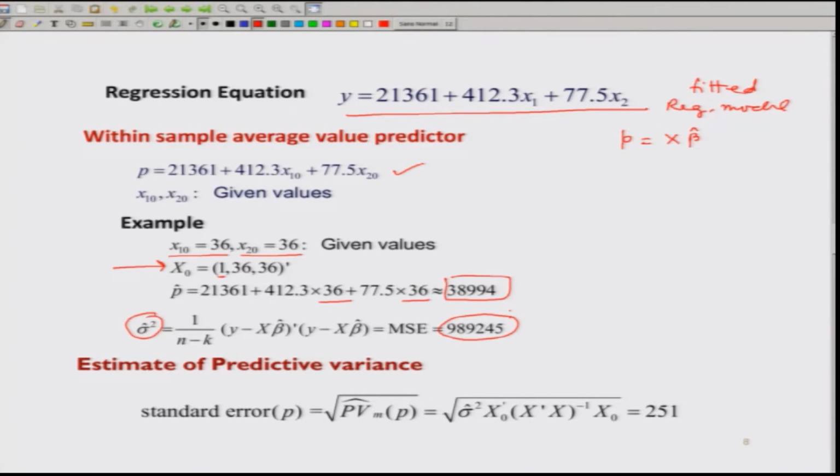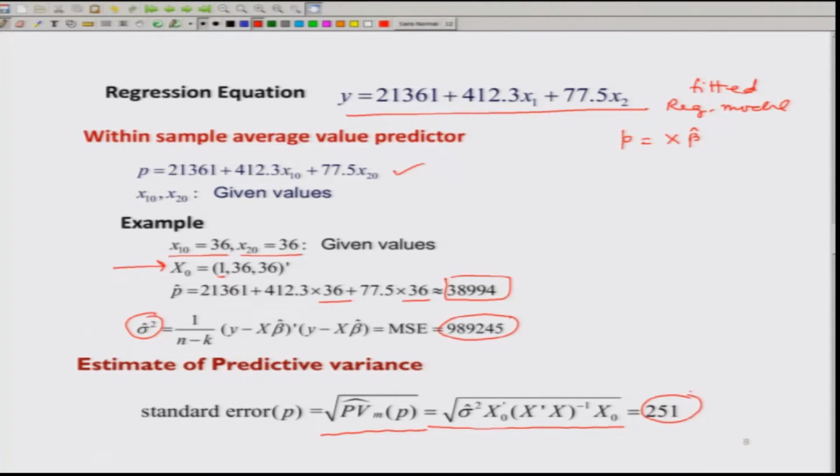Now, you would like to find out the standard error of this predictor. So, you may recall that we had derived the expression like this. So, I substitute here the values of x naught, and the values of x are obtained from the given set of data, and we obtain the value here which is approximately 251.